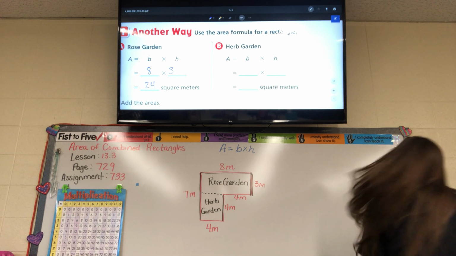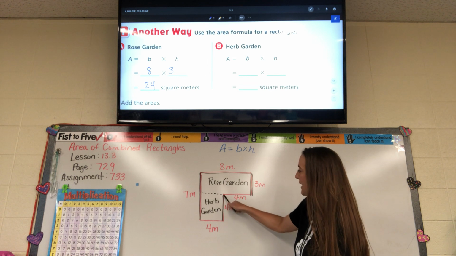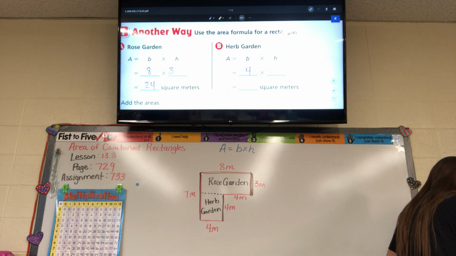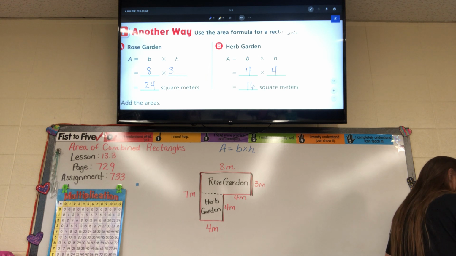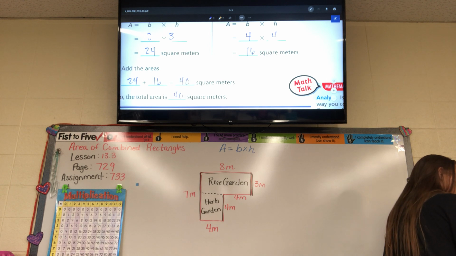And then the herb garden, we have a base of 4 and a height of 4. So 4 times 4 is 16. When you add those, 24 plus 16, you get 40. So 40 square meters.